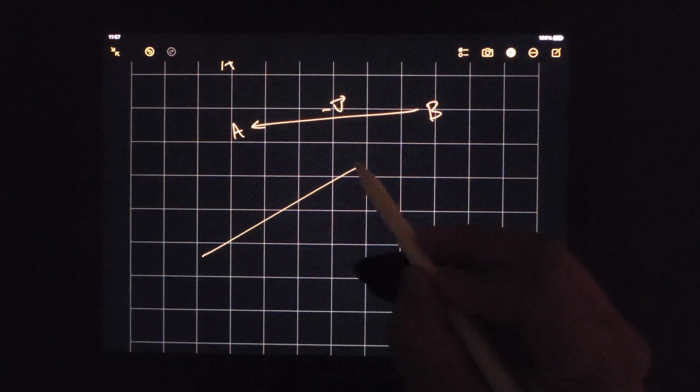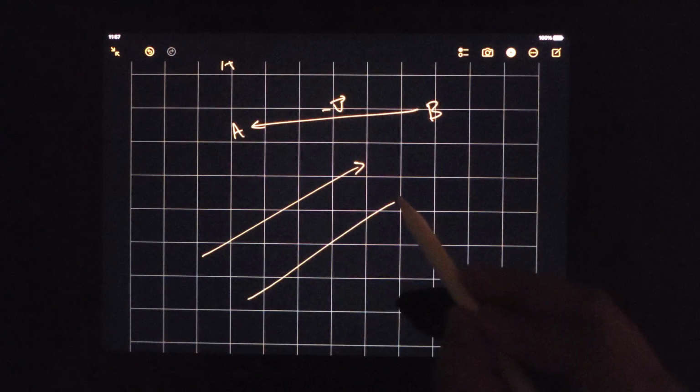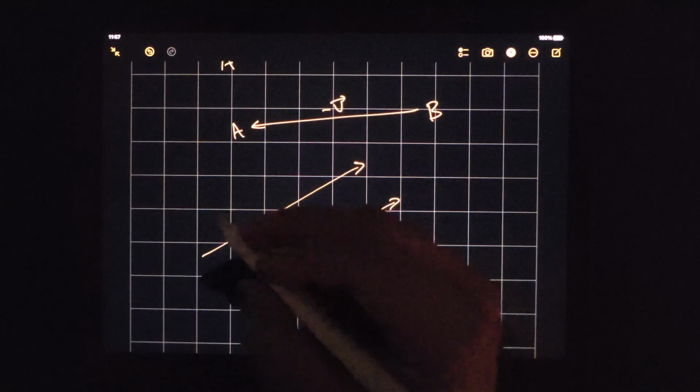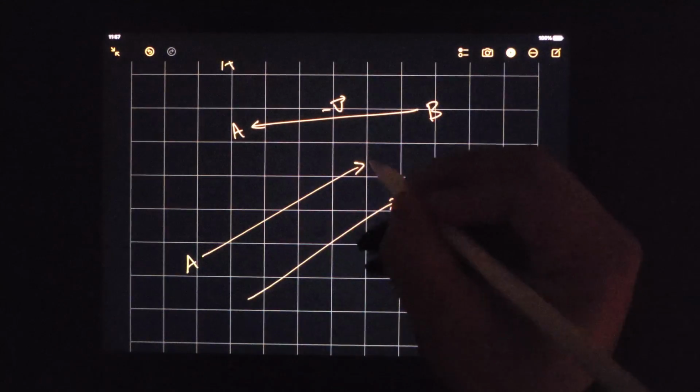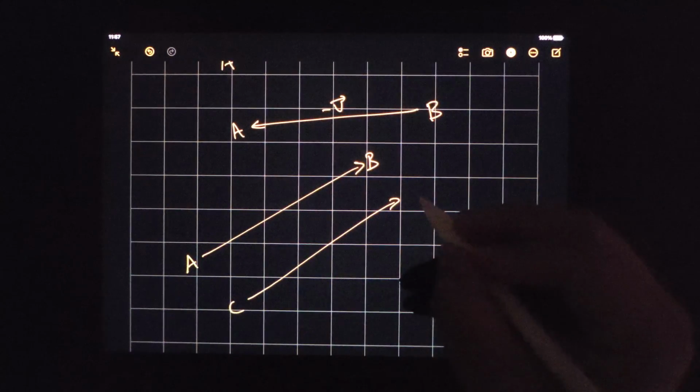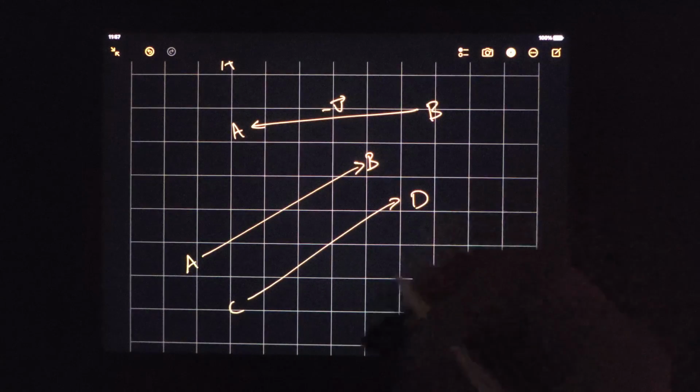Let's see. Let's pretend these two lines are parallel. So we have A to B and C to D. So we have one of them is AB.